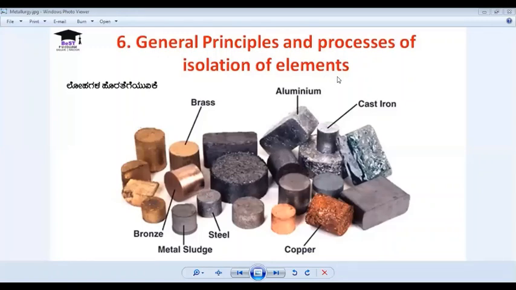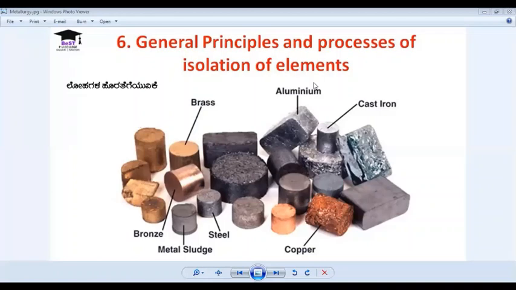In the extraction of metals, the steps involved are concentration, extraction, and refining. In concentration, we had seen a few methods like hydraulic washing, magnetic separation, froth flotation process, and leaching, and then we went on to extraction of metals.